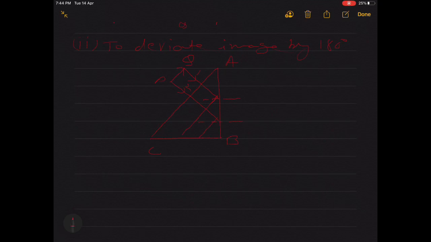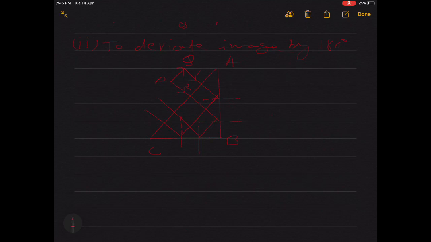Now these two rays are incident on side BC in the same manner, so they will suffer total internal reflection once again.